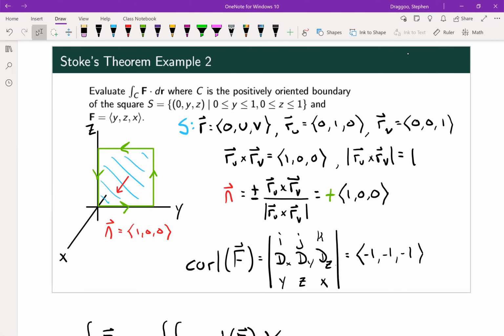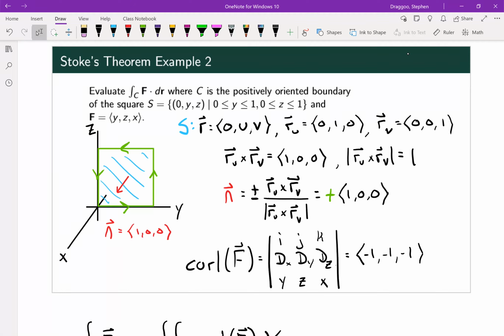Since we're still using Stokes' theorem and it's asking us to calculate a line integral, we're going to use Stokes' theorem to set up a surface integral instead, which means that we're going to want to parameterize the surface rather than the boundary. So the boundary is the piece that's drawn in green, and it's positively oriented, so we know that it should go counterclockwise.